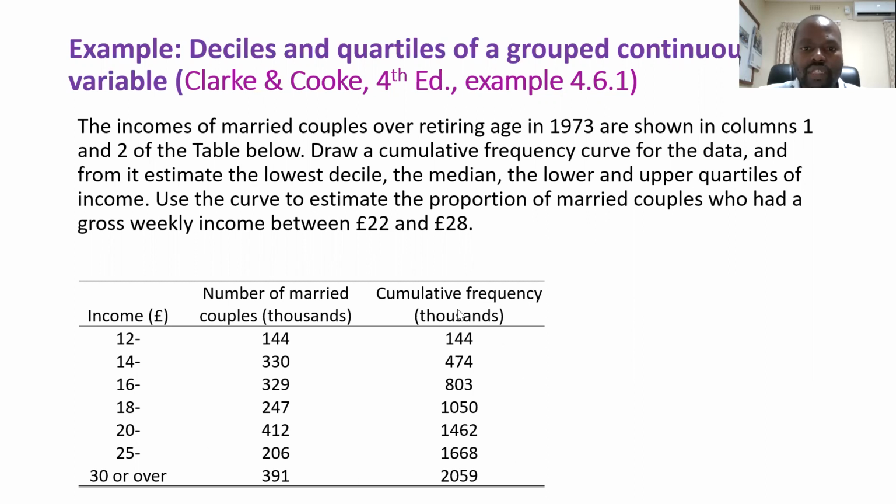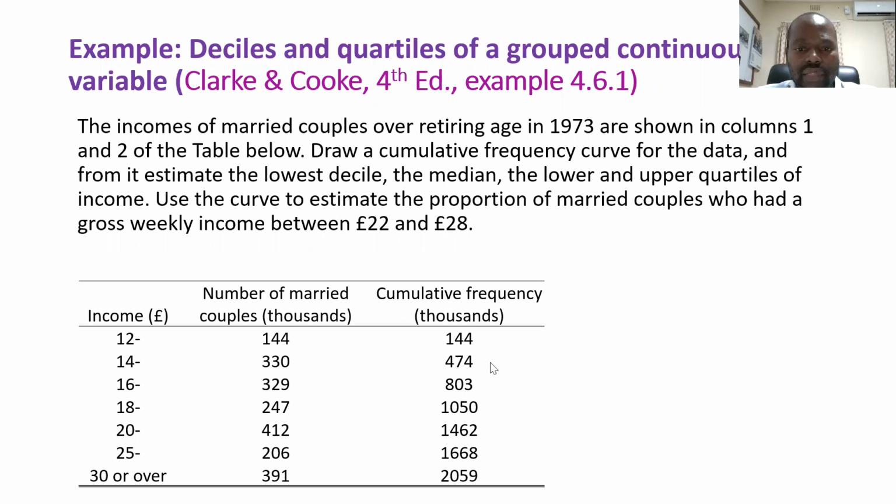it sounds reasonable that we should have a column of cumulative frequency, which wasn't there before in this table, but it has been added. I think you remember quite well how to get the cumulative frequency. It's basically the frequency in the first class interval.